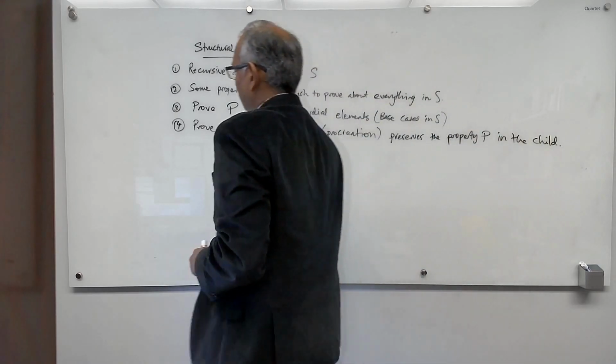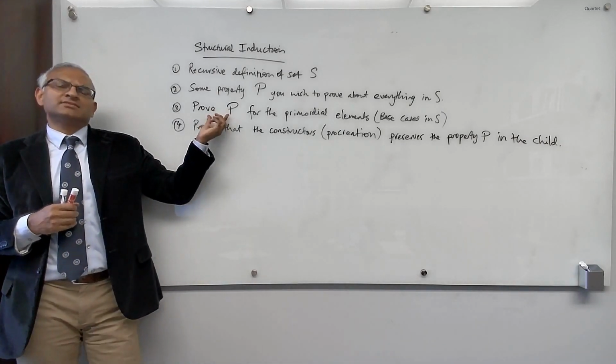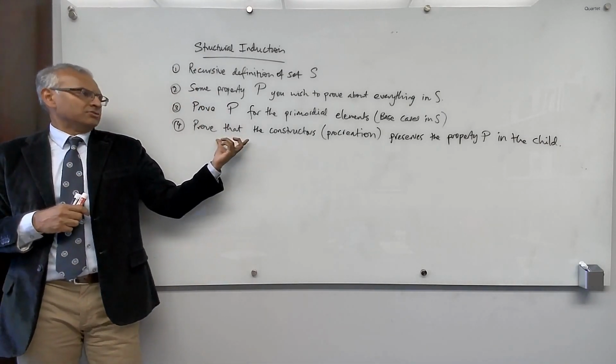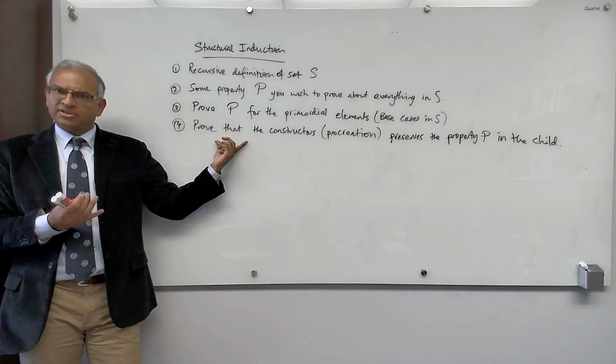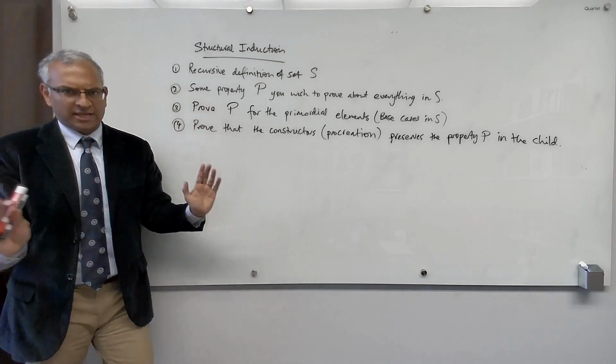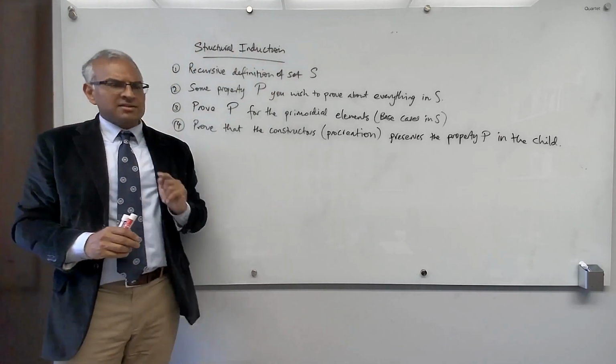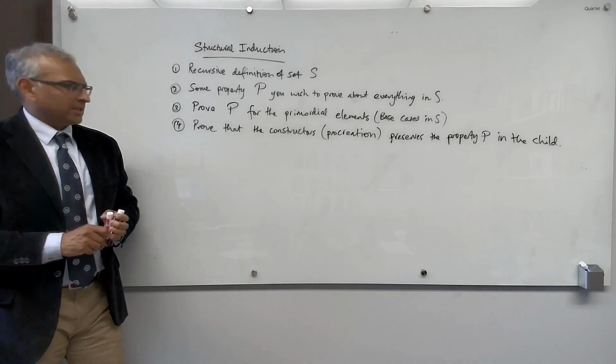So this property is inherited. If you can show the primordial ancestors have blue eyes, and if you can show that blue eyes are inherited whenever the parents have blue eyes, bam! That's it, you're done. By structural induction, all the orcs have blue eyes. Everything in S has that property P.